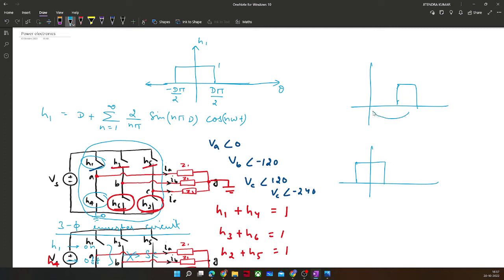If we have shifted from here to here, you just need to do omega t plus theta, whatever theta is this. After that, you know the Fourier series of this, okay? It will be from anything, pi by 3 to pi by 3. You know how to calculate the Fourier series expression of this waveform. After computing the Fourier series of this waveform, you just do at the end this shifting.